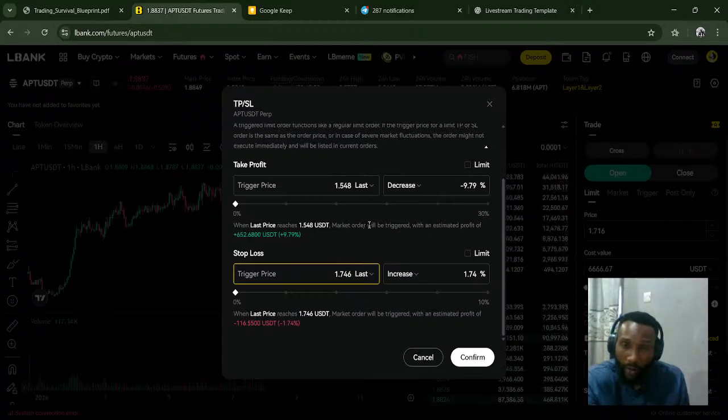Then for the stop loss, if price goes against us, remember what we were risking from our account was $200. If price goes back and the last price reaches 1.746, a market order will be triggered with an estimated loss of minus 116.